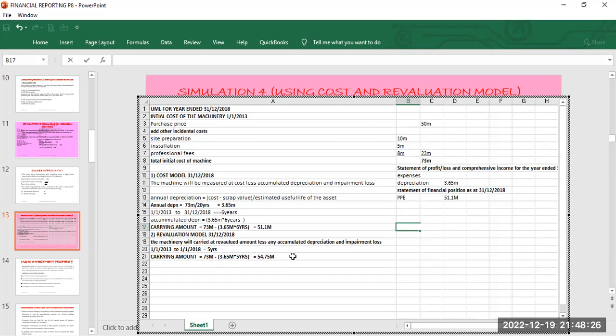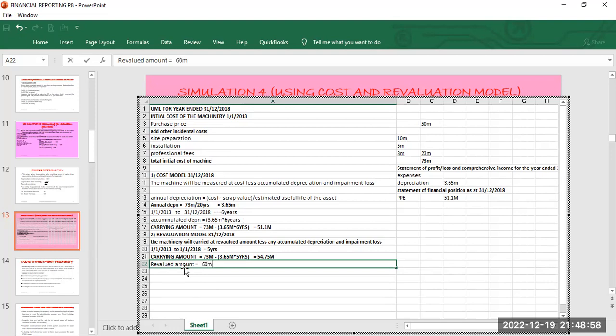Now this carrying amount is at the same date when the revaluation took place. So when you have got that, then we say the revalued amount. Now they say they revalued that asset, the revalued amount is now equal to 60 million.